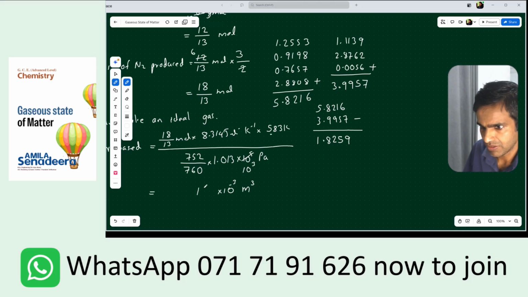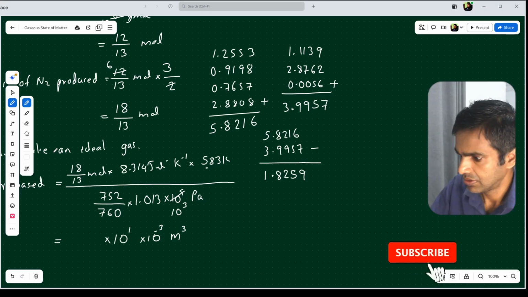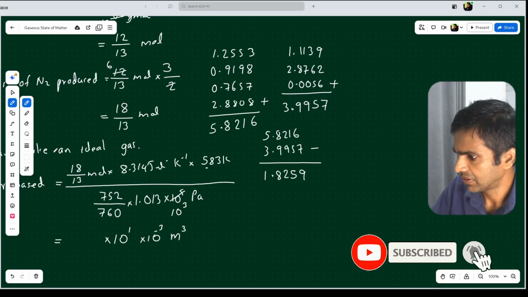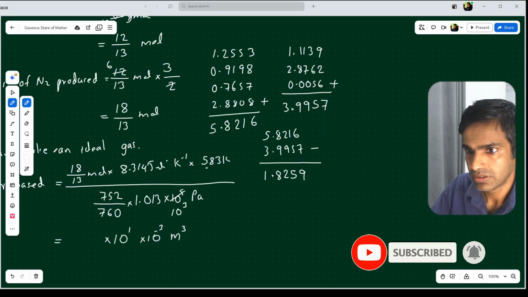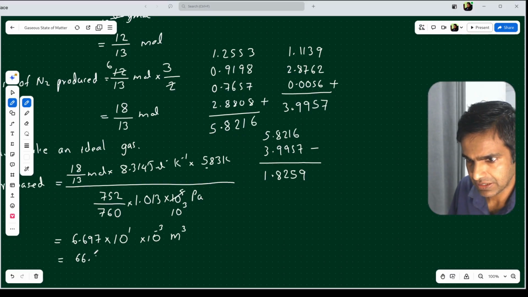1.8259. The 1 means 10 to the power 1 times 6.697. 6.697, which means 66.97 times 10 to the power minus 3 cubic meters.